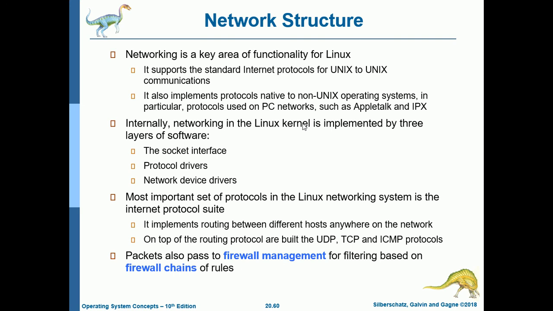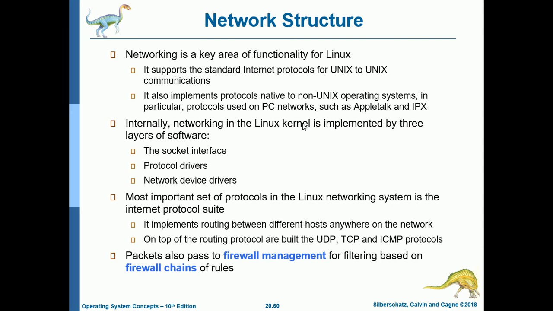The most important set of protocols in the Linux networking system is the Internet Protocol Suite. It implements routing between different hosts anywhere on the network. On top of the routing protocol are built UDP, the User Datagram Protocol, TCP, the Transmission Control Protocol, and ICMP, the Internet Control Message Protocol.